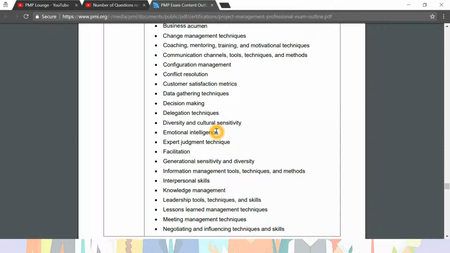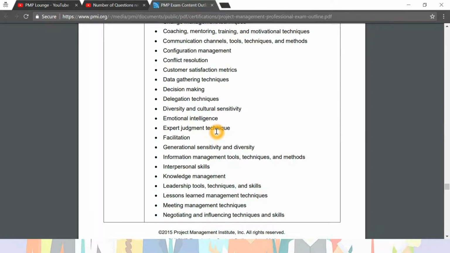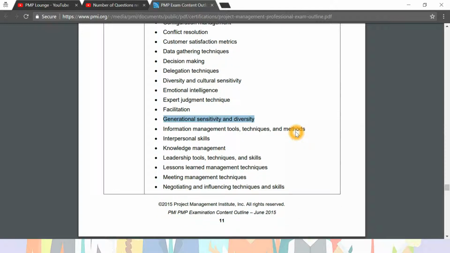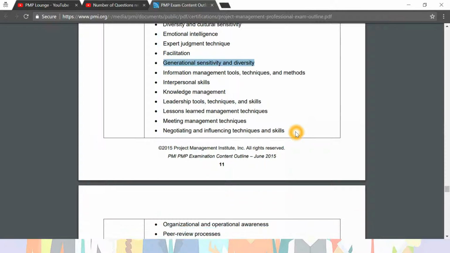Emotional intelligence, again, very important. Expert judgment technique, facilitation, generational sensitivity, and diversity. You might be dealing with resources who are not from your generation, right? You need to be sensitive about that. You need to be sensitive about their behavior and their expectations from a project manager.